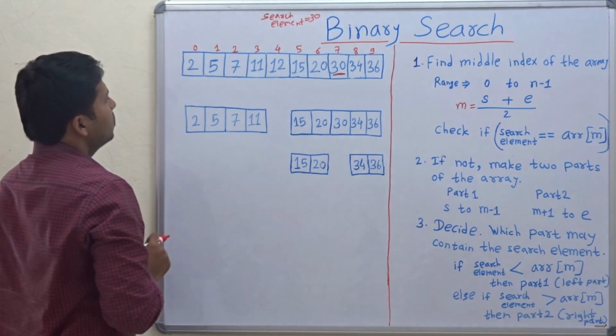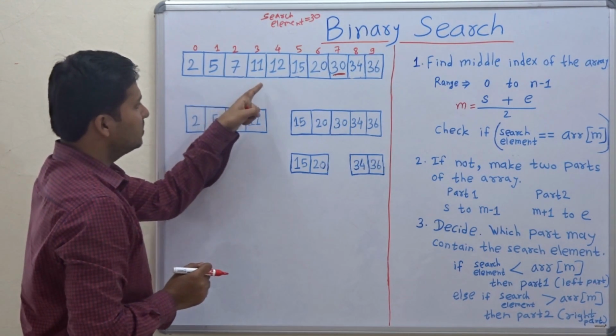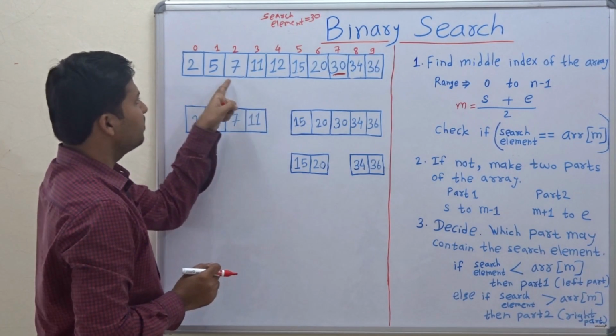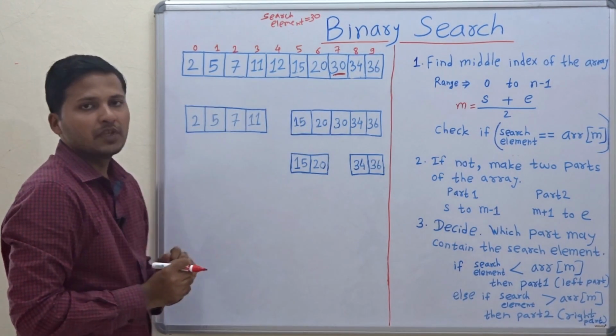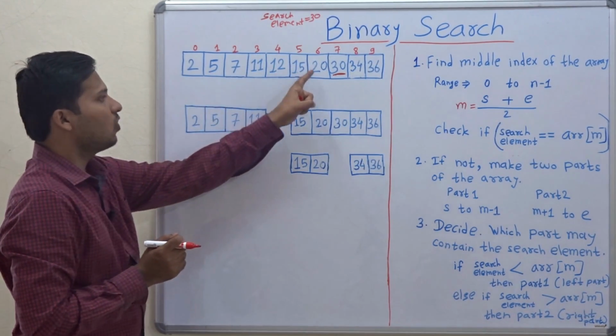Okay. So now you will go on searching one by one and you will access each memory location of the array and you will check whether that element is 30 or not.